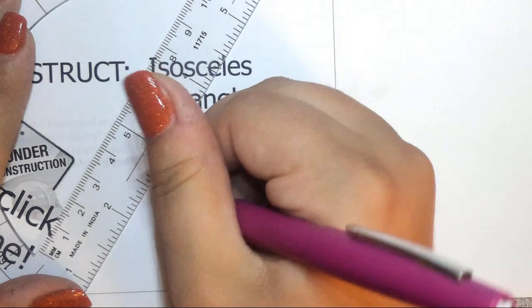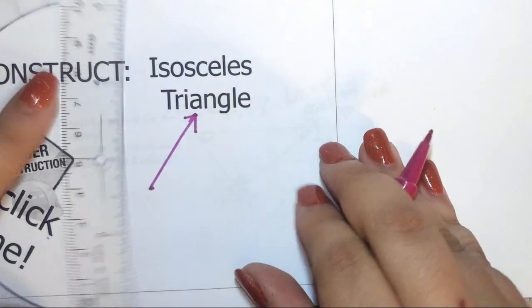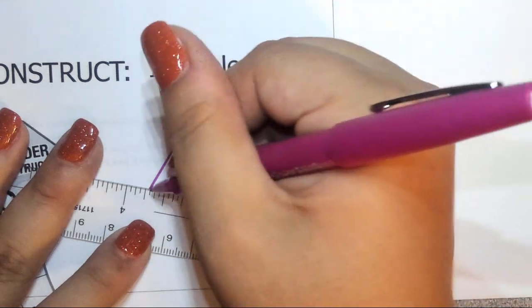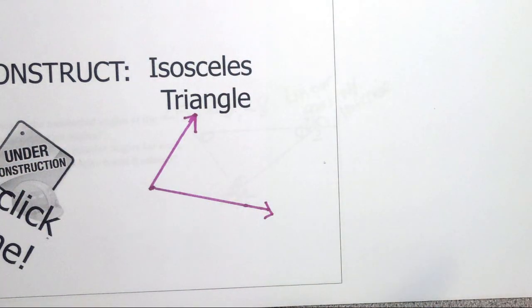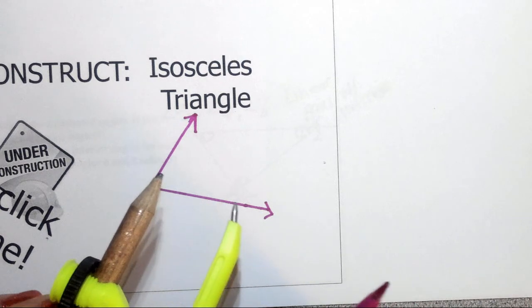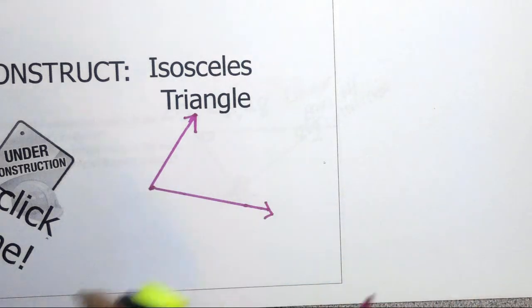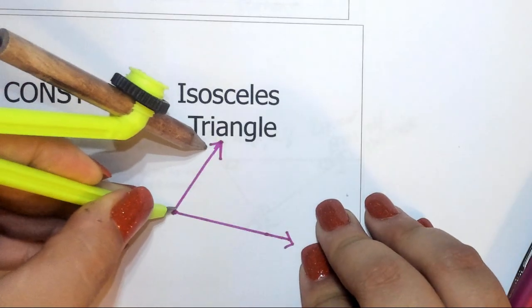So watch. If I have a point here, I'm going to make an angle. Are y'all okay with that? Is that an angle? Okay. I'm going to take my compass. It doesn't really matter how far I open it, but I'm going to open it about this far. And I'm going to put my stylus on the vertex of the angle, and then I'm going to draw an arc.